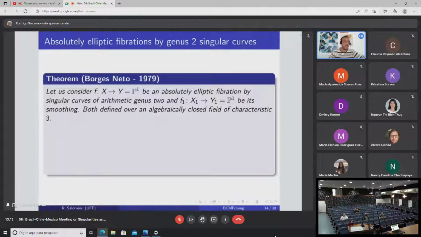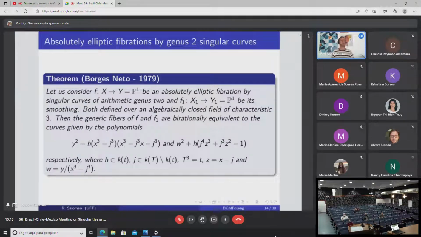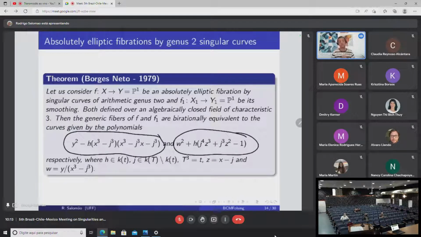Well, it's possible to obtain a normal form for generic fibers of absolutely elliptic fibration by singular curves of genus 2, as was obtained by Borges Neto. So here is a normal form for the generic fiber of the absolutely elliptic fibration, and here is a normal form for the generic fiber of its smoothing.